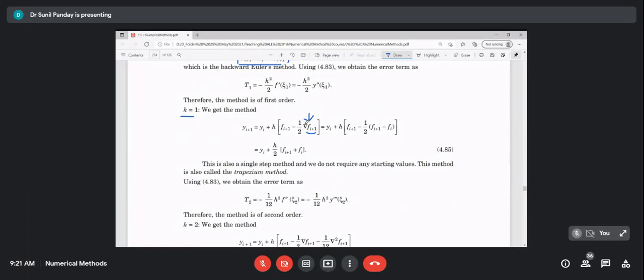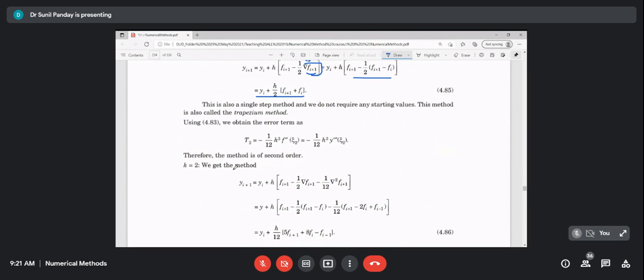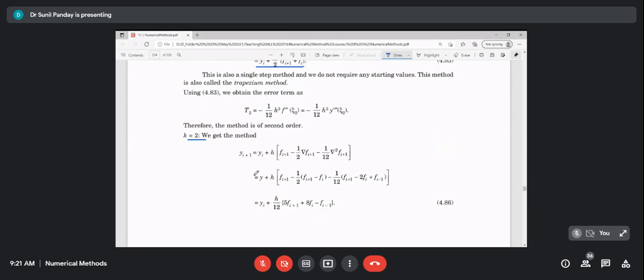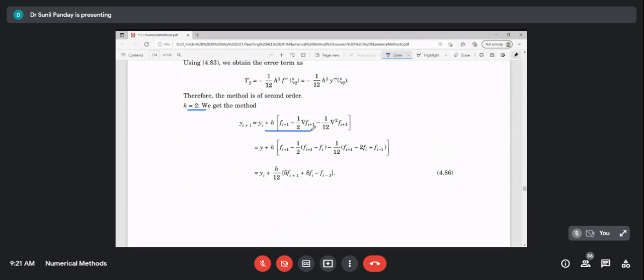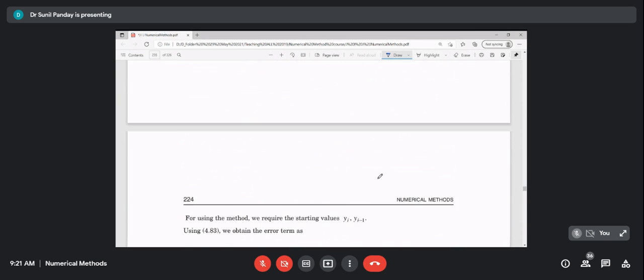Then we open the definition of backward of f of xi plus 1, which is this one, and then we have this method. Then we take k equal to 2. If we take k equal to 2, we will get this, and we open the first backward and second backward of f of xi plus 1. We will get these two, and after simplification, we have this.